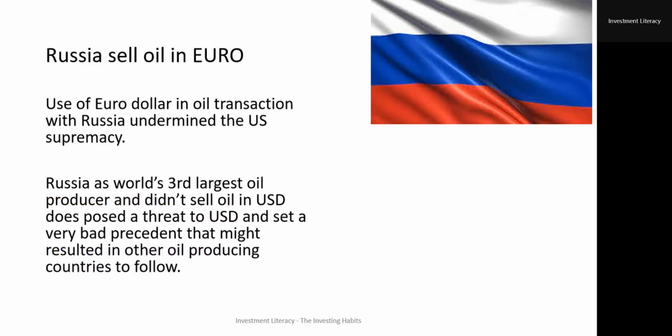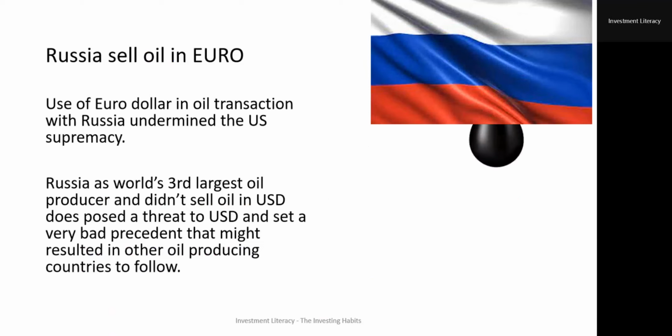After they got rid of Iraq, now Russia sells oil in euro, and that keeps the US busy again as it undermines the US supremacy. Russia is the world's third largest oil producer, and selling oil in euro poses a threat to the US dollar and sets a very bad precedent that might result in other oil producing countries following.